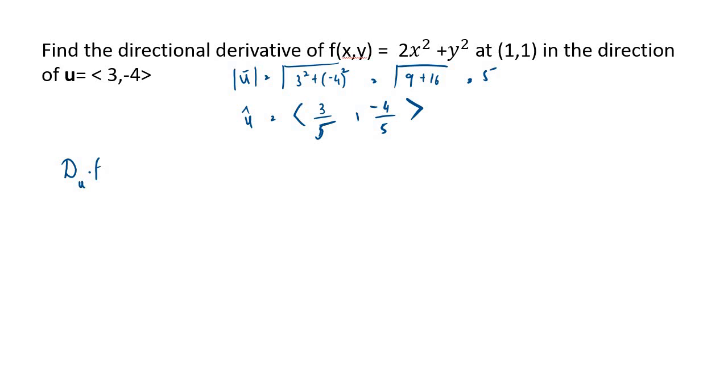The unit vector u is (3/5, -4/5). The directional derivative is written as grad f dot u.